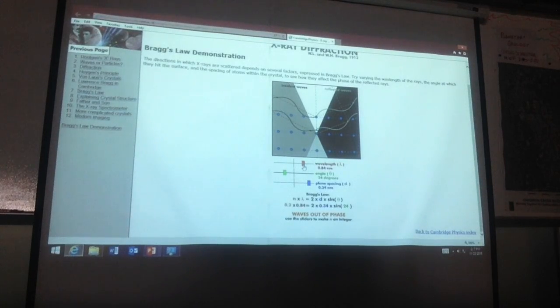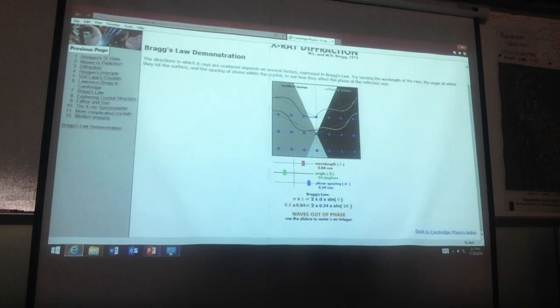These are all inputs that you can actually change. You can't really change the D spacing because the D spacing is determined by your mineral, so it does change, but you don't necessarily have control of that. You can change your theta angle, and you can change your wavelength as well. Those are inputs that you can control.